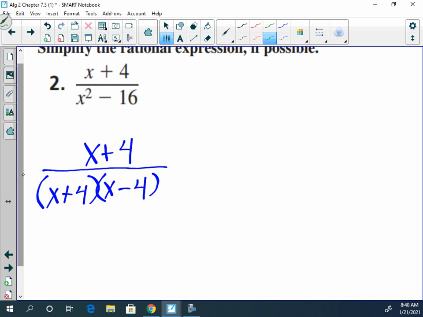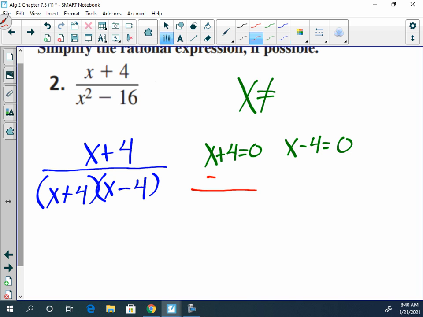Now we could simplify, but again, we need our restrictions. We need to see what values of x we cannot have. What we need to set up is x plus 4 is equal to 0 and x minus 4 is equal to 0. So for our first one here, we would subtract 4 from both sides because those will cancel, leaving me with x is equal to negative 4.